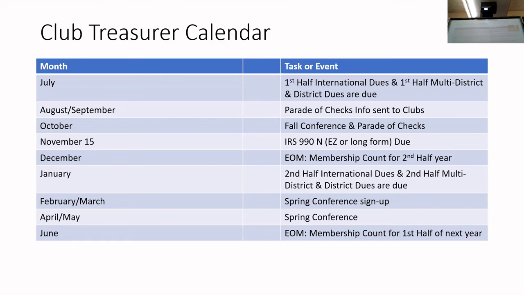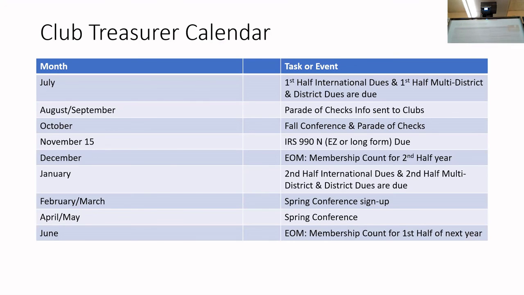In December, the end of the month is the membership count for the second half of the year. In January, I try to tell people the membership count, if you can get it solidified within LCI by December 15th, you're sitting pretty well. If you don't have it done by December 15th, you might have to make a phone call. But that's always been my goal.